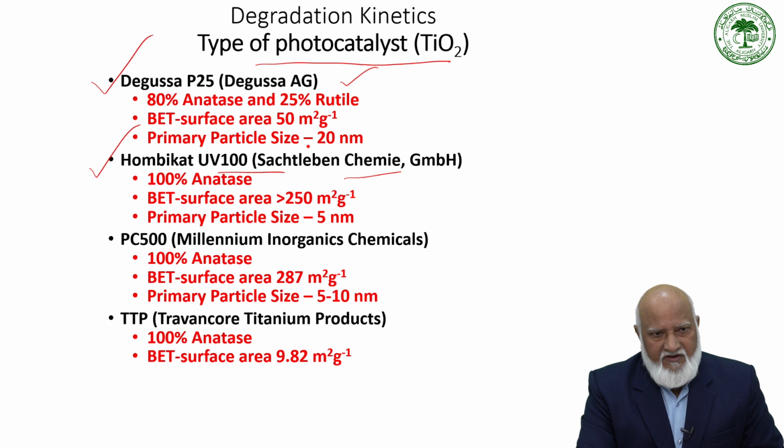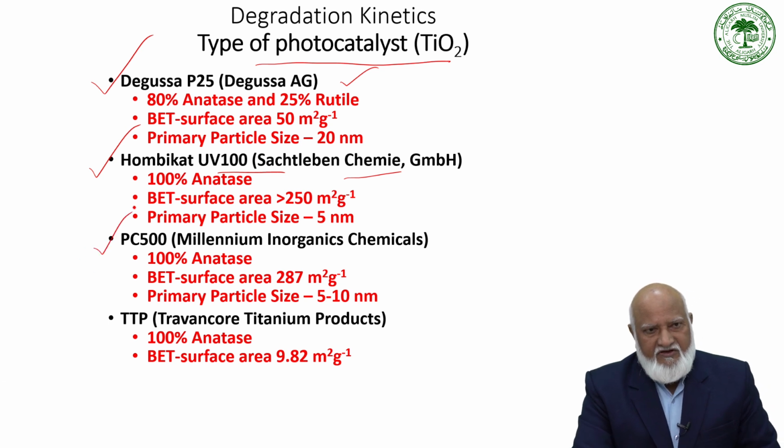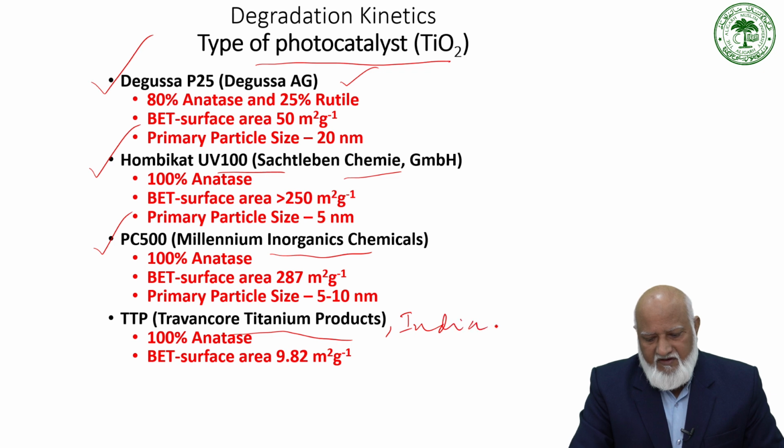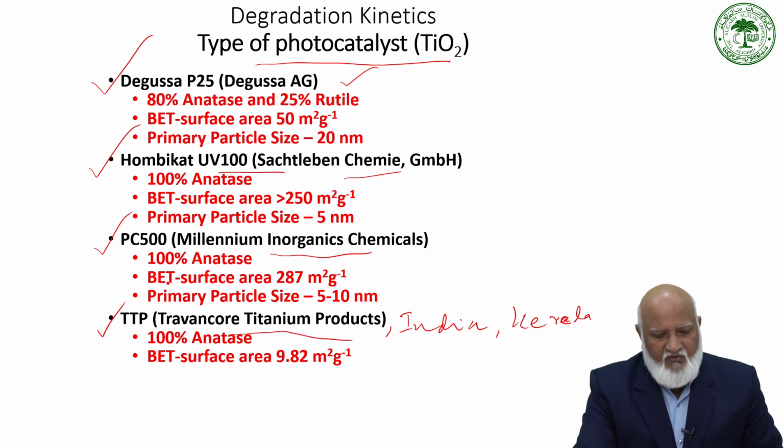Another is titanium dioxide PC500, produced by Millennium Inorganic Chemicals. And from India, there is Travancore Titanium Products from Kerala, available commercially. So four different types of titanium dioxide are available, and we have tested all these four samples.